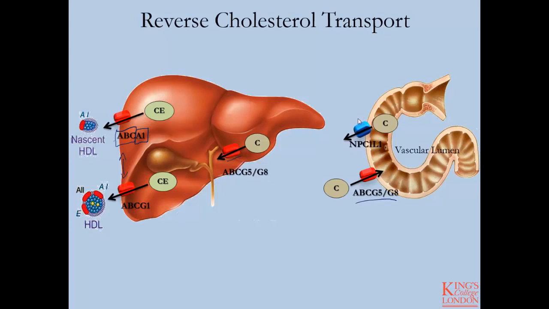Sterol transport into the body is controlled by another transporter, which is the NPC1L1, which is responsible for transporting cholesterol from the intestinal lumen into the enterocyte. So there is a system in place to conserve and reabsorb cholesterol which is lost. Again, this transporter is highly specific to cholesterol and less specific to the other sterols.